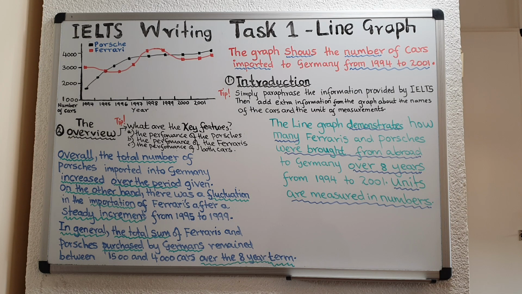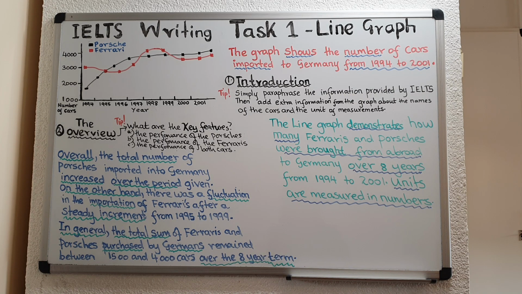The next tip, try and use your linking words when you're writing the overview. In my case, I used on the other hand, and then I used and. Now, the next tip, try as much as possible while you're writing your overview to be very precise. What I mean is the years from 1995 to 1998, also 1500 to 4000 cars.